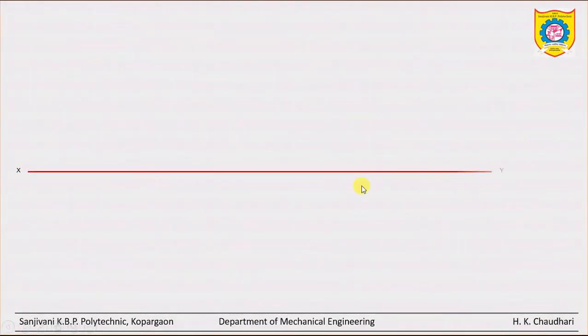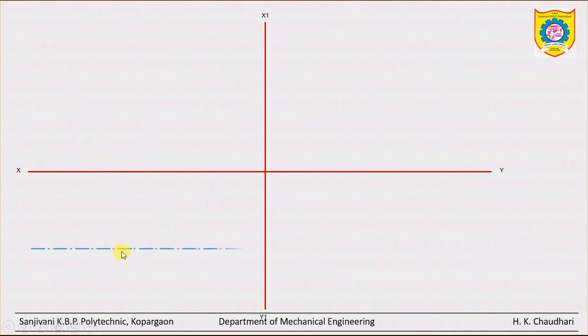First draw the xy line, then x1 y1, then first produce the square base. We know how to draw the square base, considering its edges are equally inclined to this xy line, that means 45 degrees.